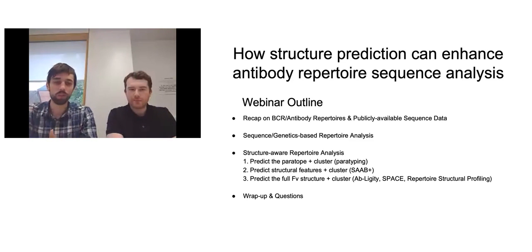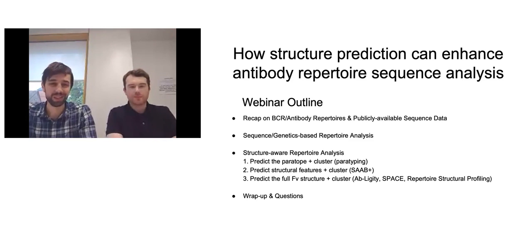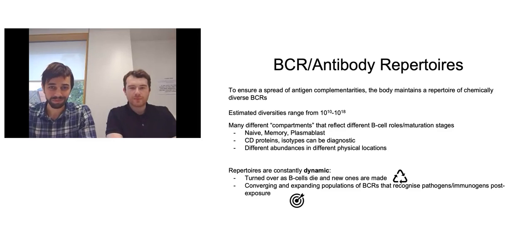Then we'll look at the traditional ways that these repertoires are analysed at the moment in the community, which tends to be a genetics-focused viewpoint, and then try to allude to some of the areas Charlotte has introduced, to see how we can paint these structural features onto these sequences to learn different things about the data within our repertoires during pathogen exposure. And at the end there should be plenty of time for Q&A. We do ask you to submit questions as we go through, and we'll answer them at the end as best we can.